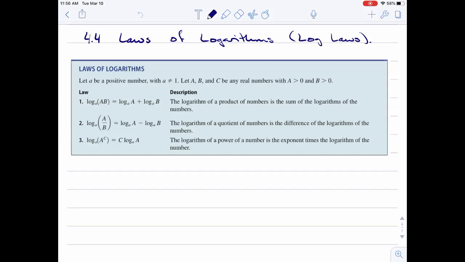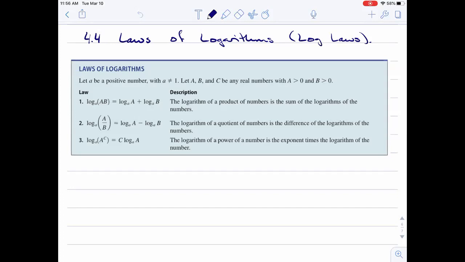So the base of the logs always stays the same, it never changes. And so if you're multiplying inside, then to split those up, we actually add them, which is way different from what we're used to doing. If we're multiplying, we end up multiplying outside, but for logs, it's different.